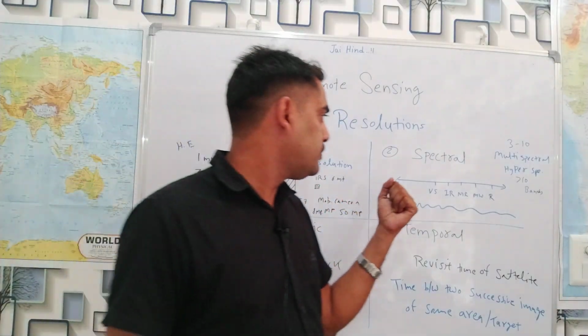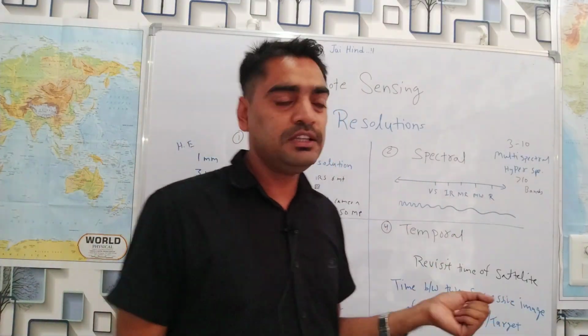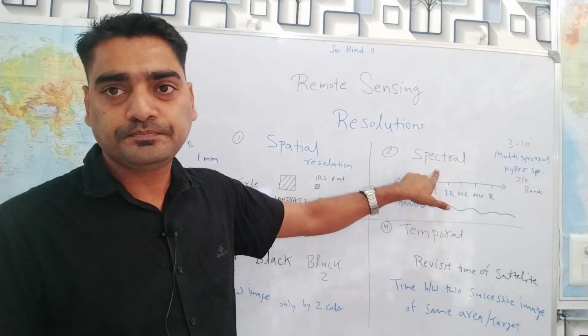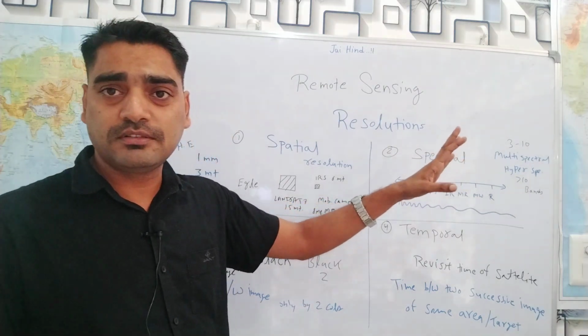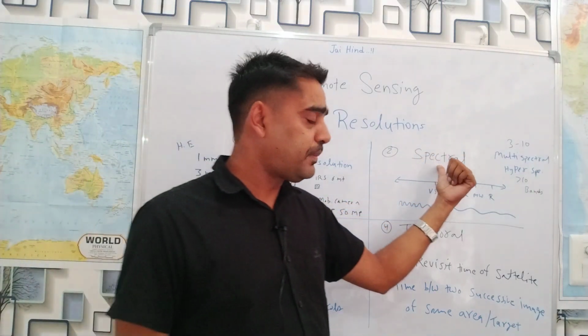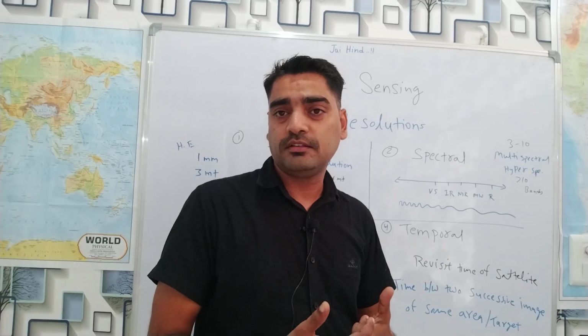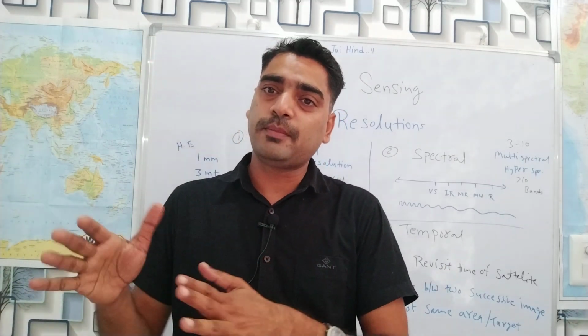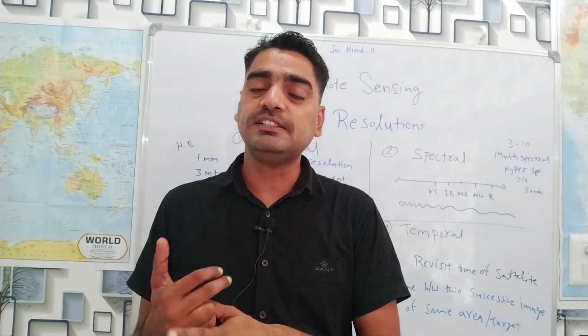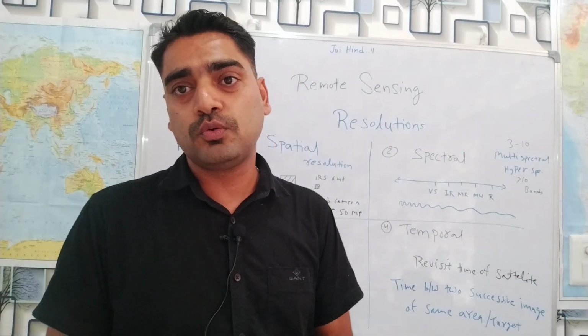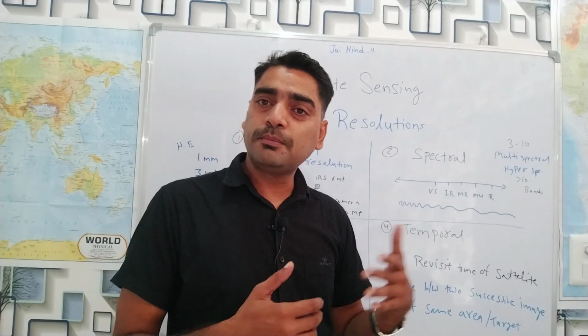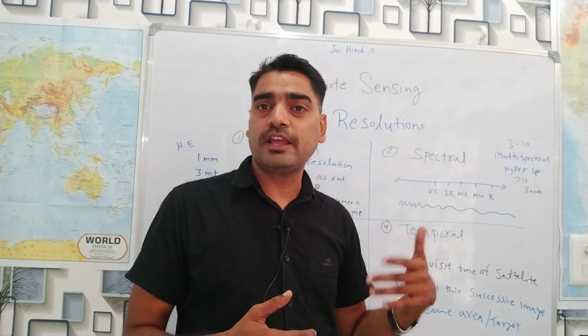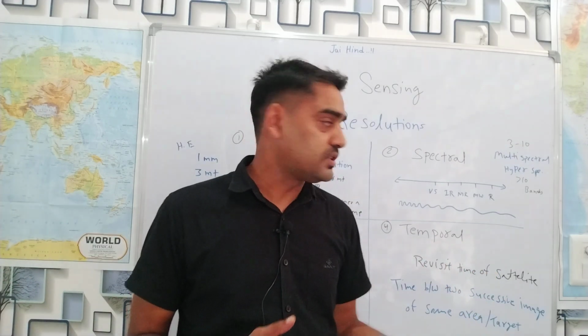Now we move to the second resolution, that is the spectral resolution. As the name indicates, it depends on the spectral band. It means the ability of a sensor to work in different spectral bands will define its spectral resolution. A sensor which can work in multiple spectral bands will have more spectral resolution.